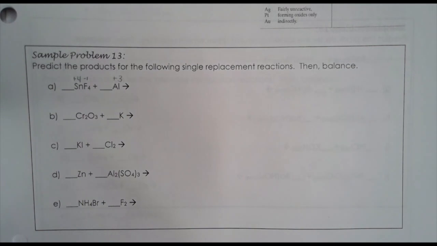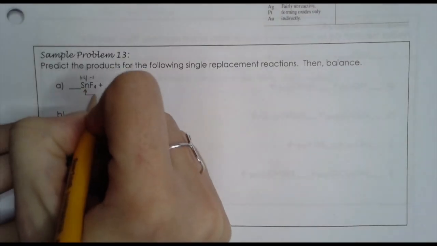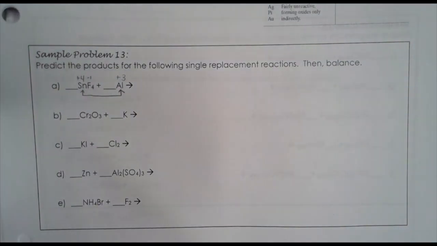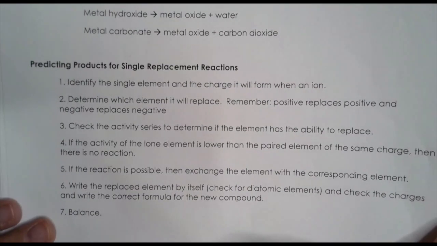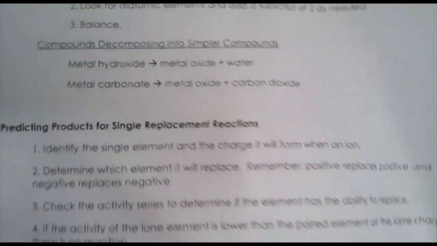So aluminum and tin will want to trade places. However, in step 3, we have to check the activity series and determine: does aluminum actually have the ability to replace? Is aluminum more active than tin on the activity series?